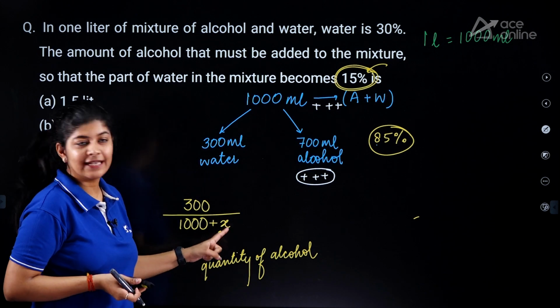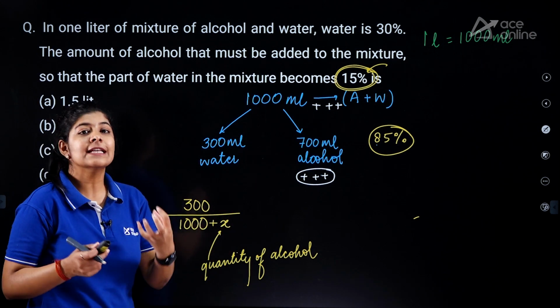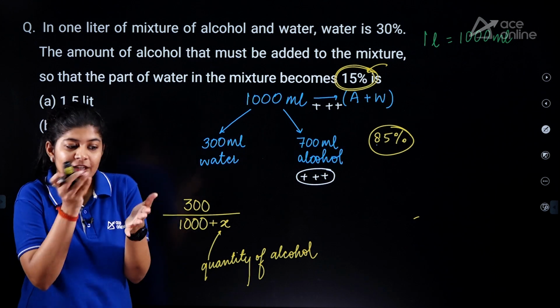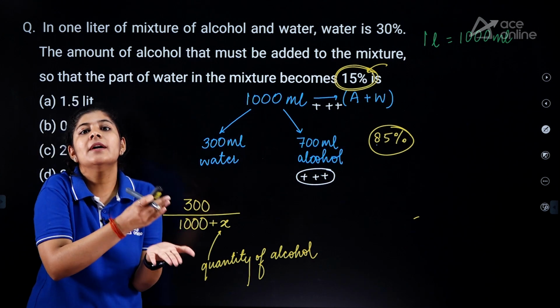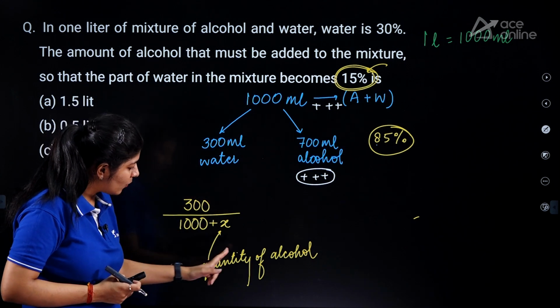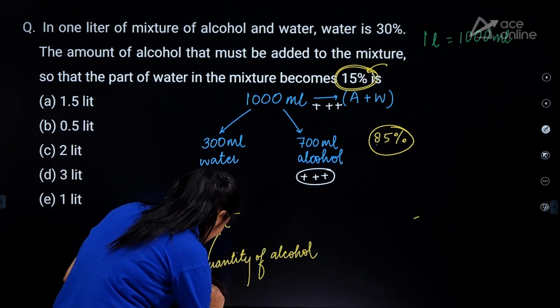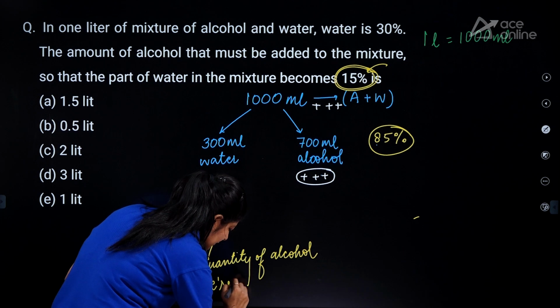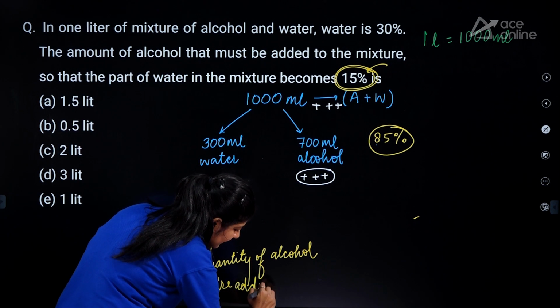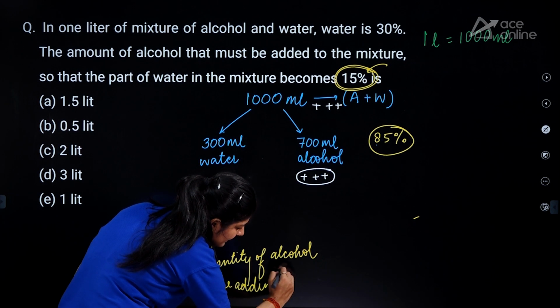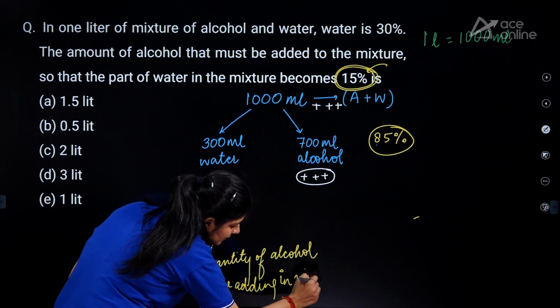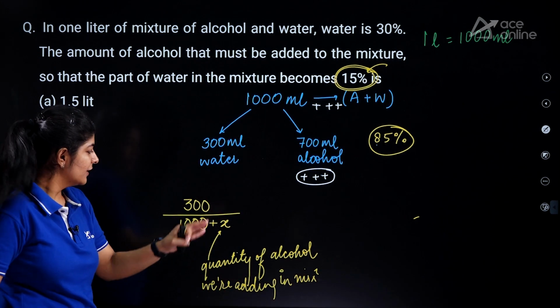Why? Because this X is the quantity of alcohol that we are adding in the mixture.